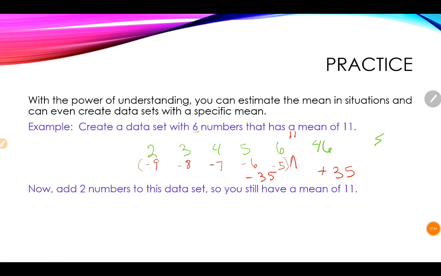So the sum of x over n is going to be 66 over 6, which gives me 11, just as I had expected. So that's another way to make a more interesting data set, or if you already have some of the numbers, how to find that missing number.